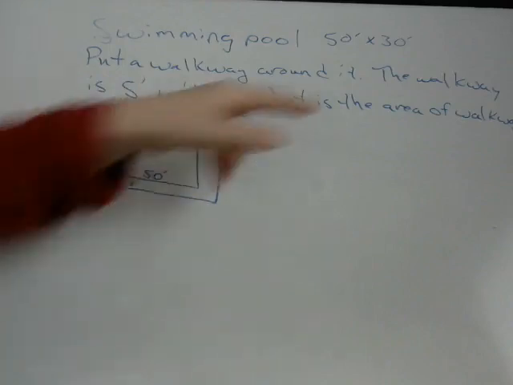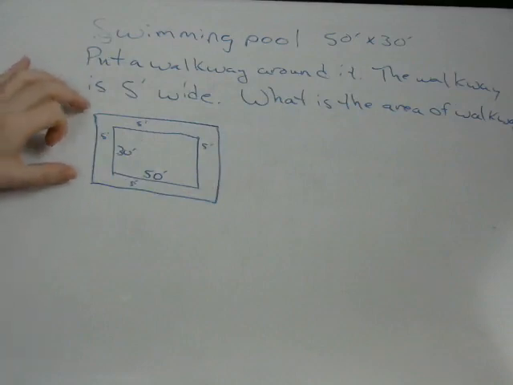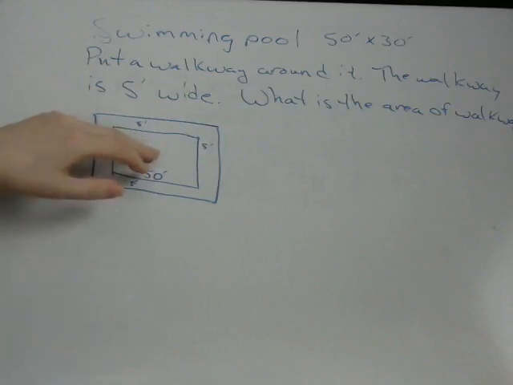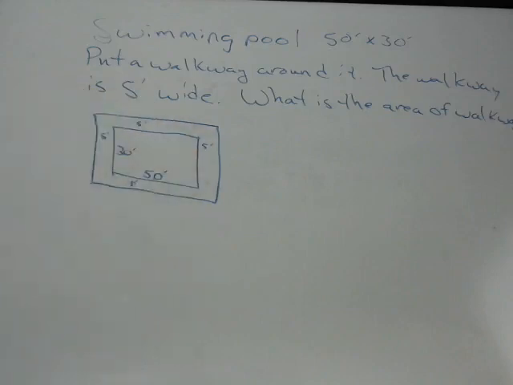So when they ask us what's the area of the walkway, we just want the area of this, like almost looks like a picture frame around the swimming pool. So how are we going to find that? We're first going to take the area of the whole thing, and then we're going to subtract out the area of the swimming pool, and then that will give us just the area of the walkway.